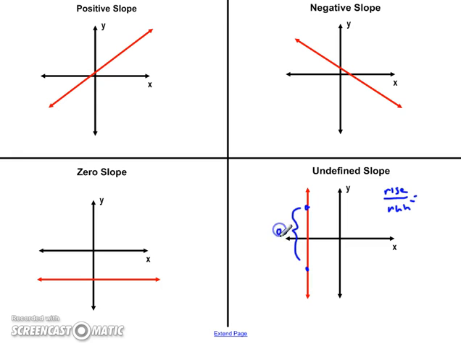Let's say it's 8, which is fine. We have a rise of 8. The problem is you don't have a run, because remember, run is that horizontal distance. We don't have a run, and we are not allowed to divide by 0, therefore undefined.